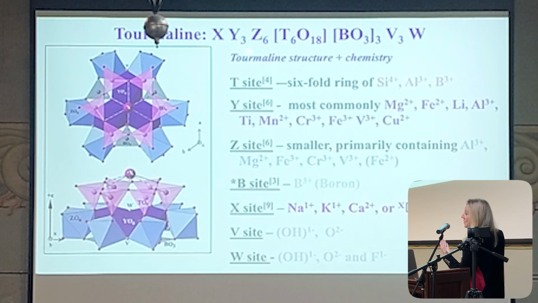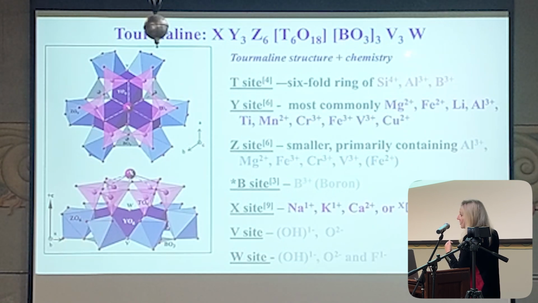This chemical composition is shown here by this very long chemical formula with some generic letters in it. Each of these generic letters corresponds to a specific site in the crystal, and each of these sites is slightly different in size and allows different elements to be included.